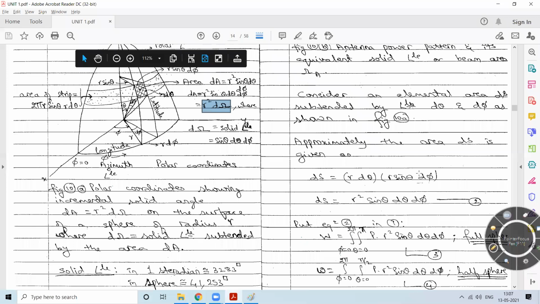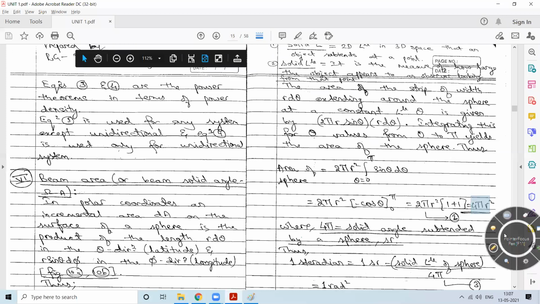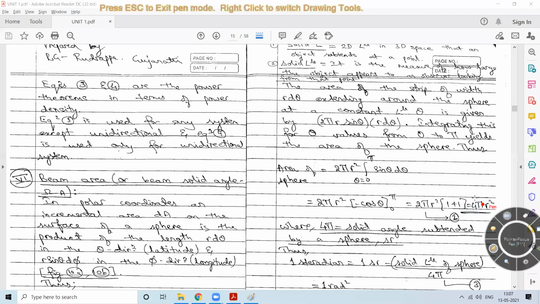Now the area of the sphere is 4 pi r square. If I compare this with r square d omega, this omega is nothing but the solid angle subtended by the sphere. In this case, this area is related to the entire sphere.